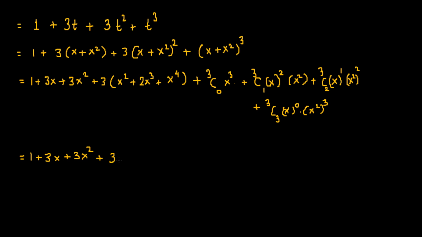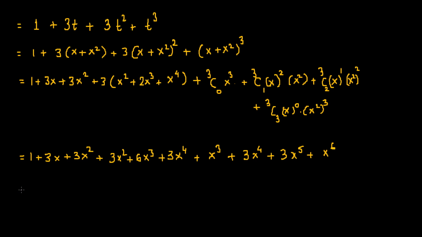So this would give us 3x squared plus 3 times 3 is 6, 6x cubed plus 3x raised to the power of 4 plus 3c0, which is always 1, so this would give us x cubed plus 3c1 is 3, and x squared times x squared would give us x raised to the power of 4 plus 3c2 is also 3, x times x raised to the power of 4 would give us x raised to the power of 5, 3c3 is 1, x raised to the power of 0 is 1, so we're left with only x squared raised to the power of 3, which is x raised to the power of 6.